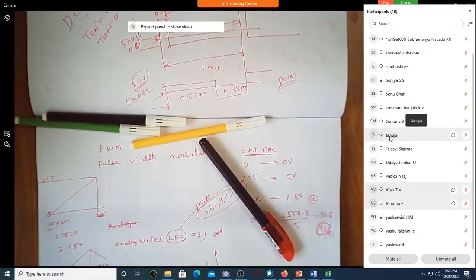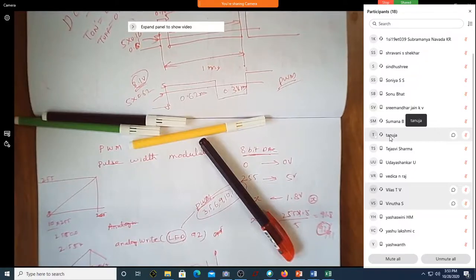Whenever the value of I increments, the same thing is displayed on your monitor. In Tinkercad it looks like everything is within the microcontroller or within the screen, but it doesn't happen in the real world. In real time, you'll have your Arduino outside and the monitor will be displaying the value.